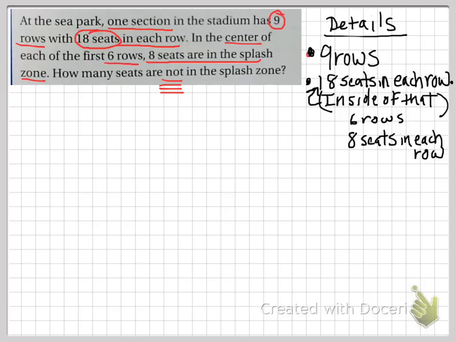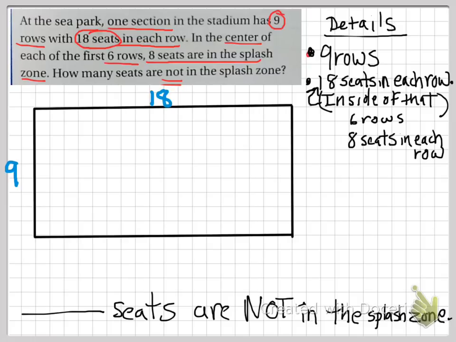I'm going to go ahead and draw a big rectangle. You do the same, a 9 by 18 rectangle. Okay, so I have my rectangle, 9 by 18. And that's showing a picture of the whole section, that one section in the stadium.